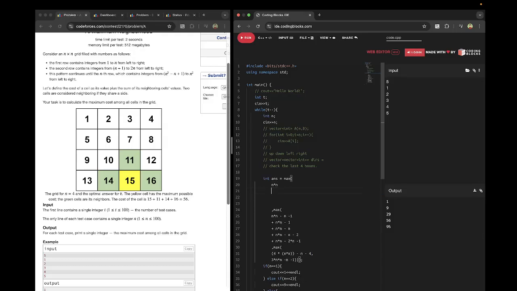Plus this is n square minus n, of course. This one, then it's n square minus n, which is 2n. Plus this is n square minus n minus 1. That's it.